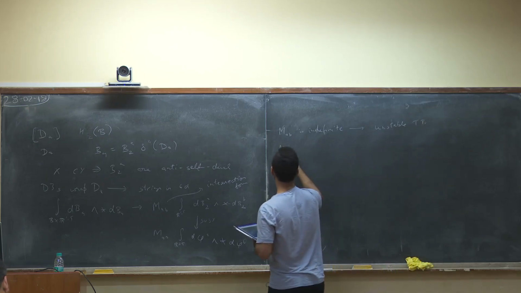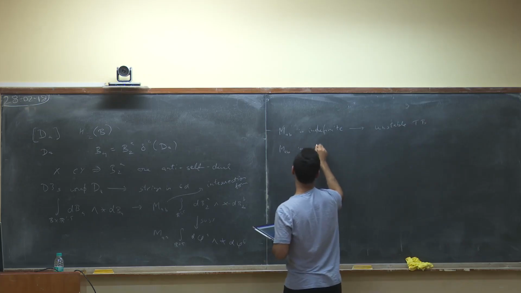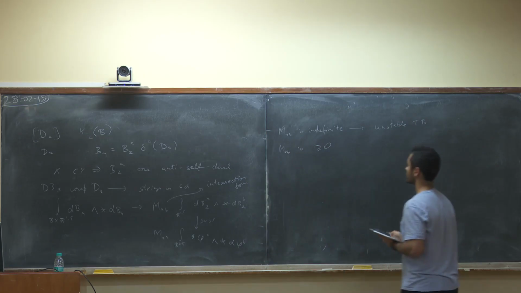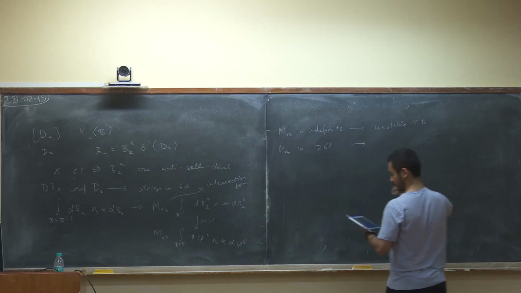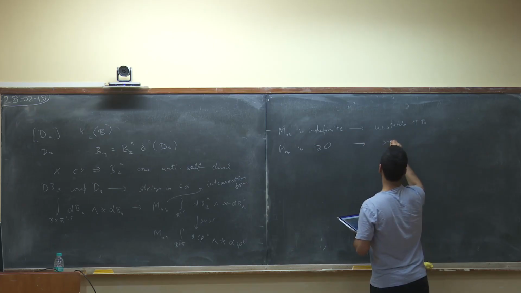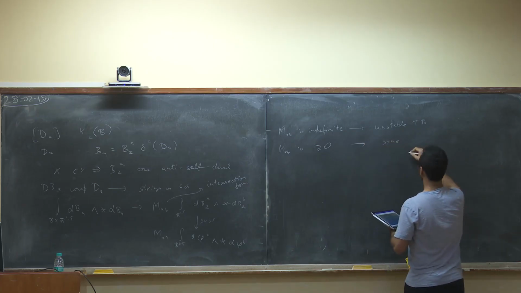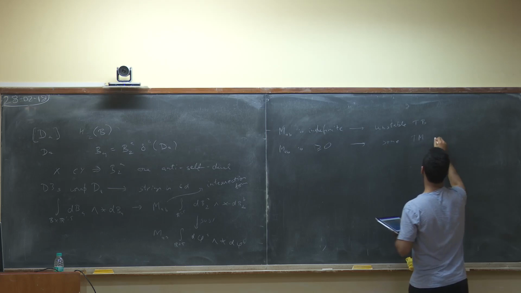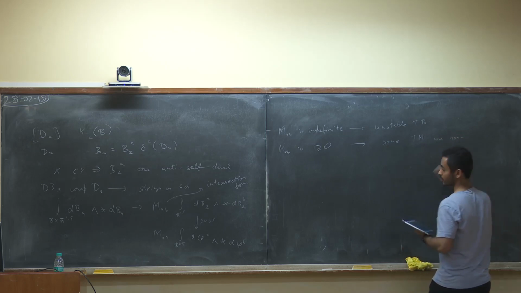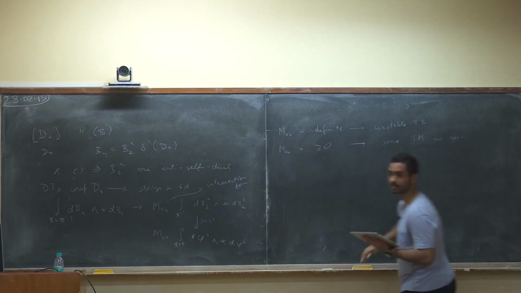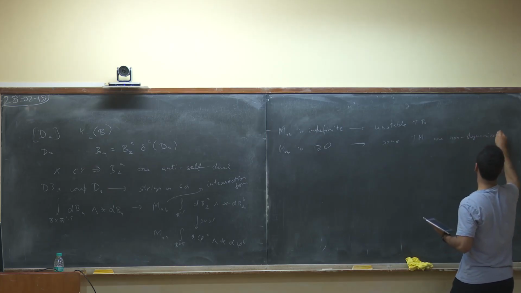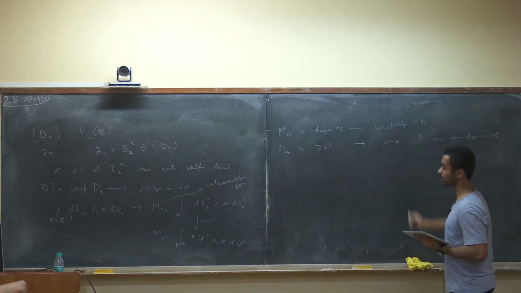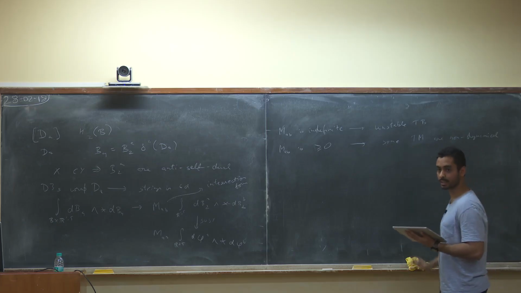The next case you can consider is that MAB is positive semi-definite. So you allow some zero eigenvalues for MAB. And this would imply that some of the tensor multiplets are non-dynamical because they will have a zero kinetic term. And the other tensor multiplets would be good dynamical tensor multiplets, stable tensor multiplets.